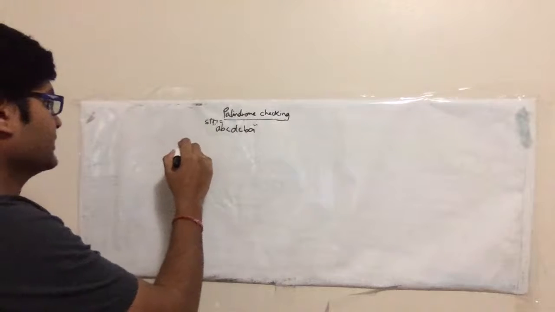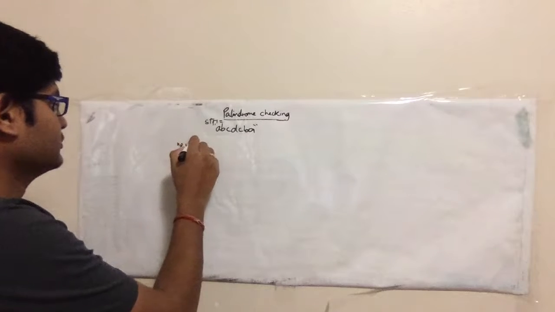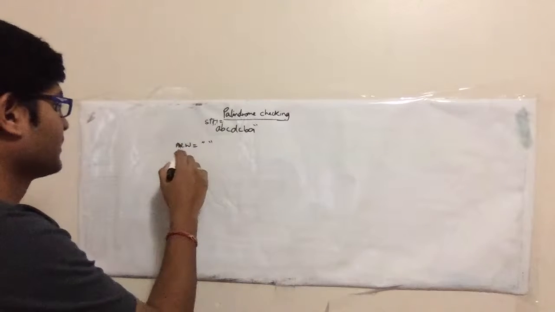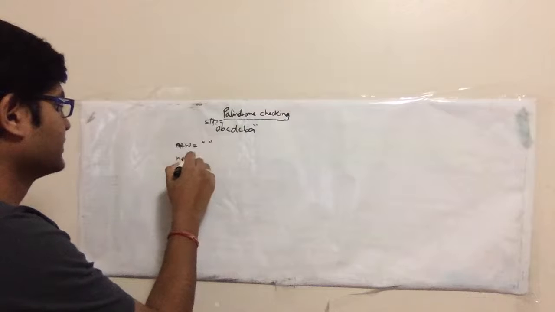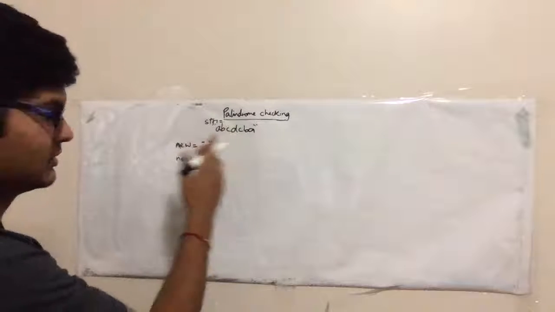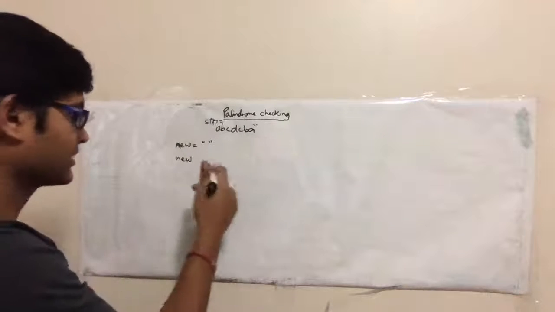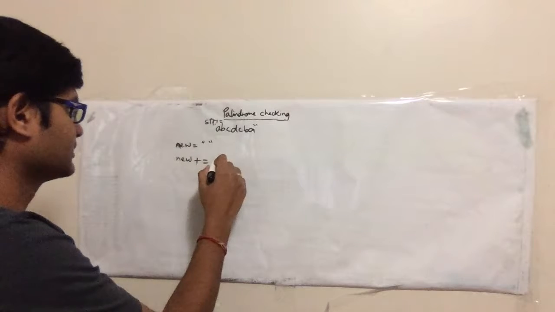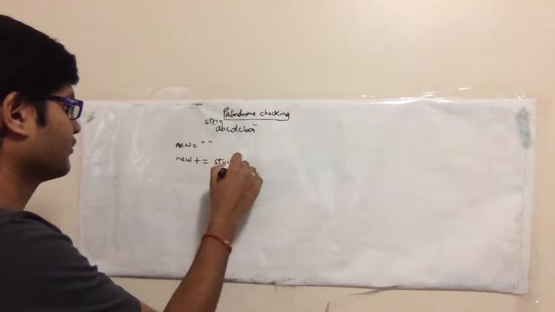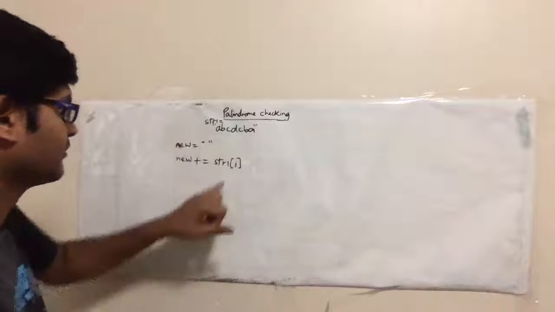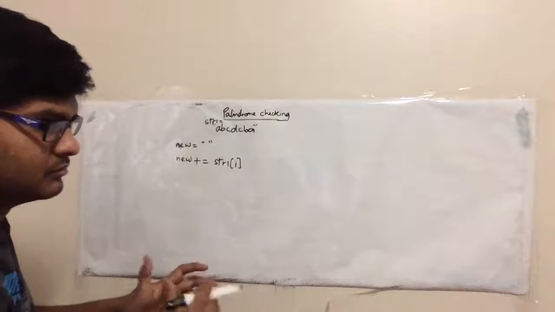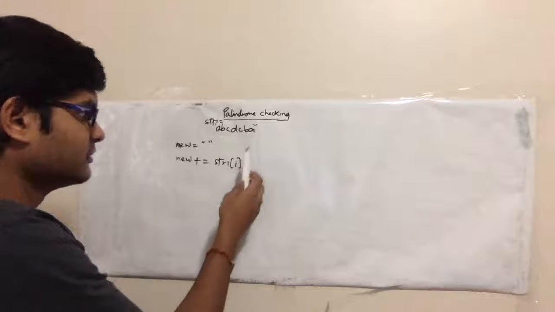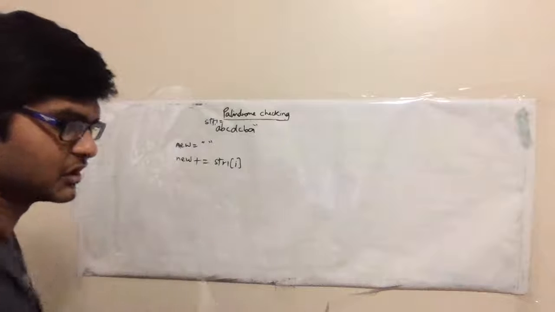So something like this: I will create new equal to an empty string, and I will iterate through the string, each character, and I will update string one of I, where I ranges from the last index to the first index.